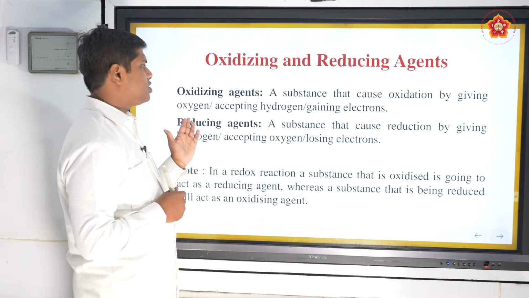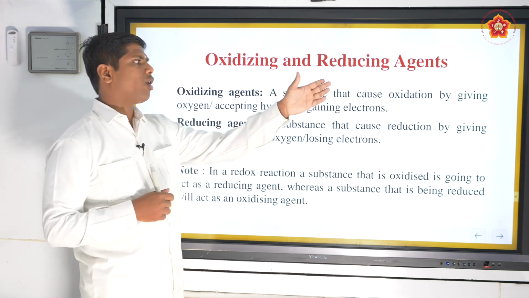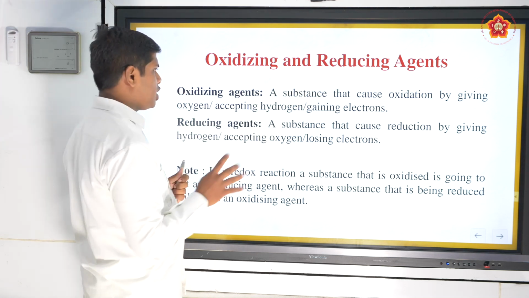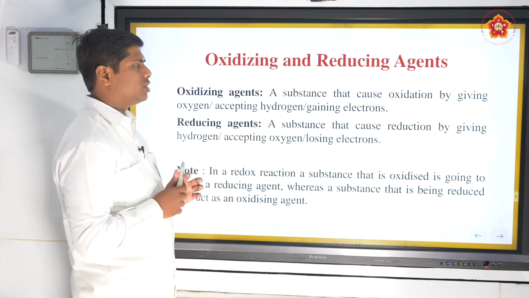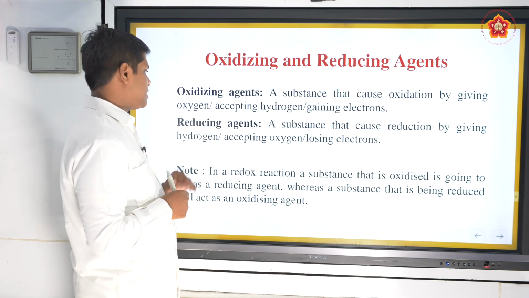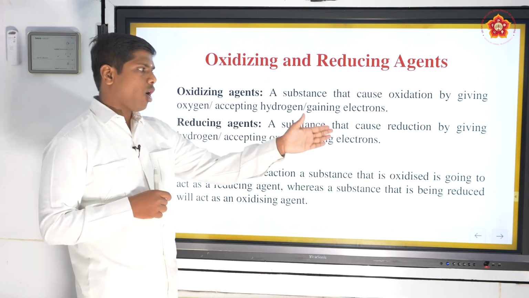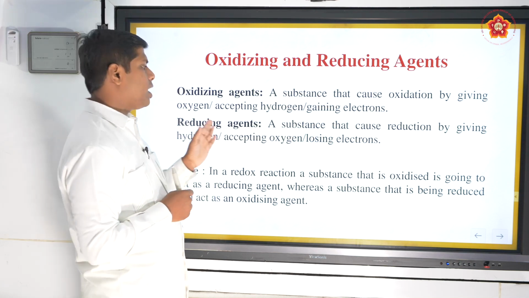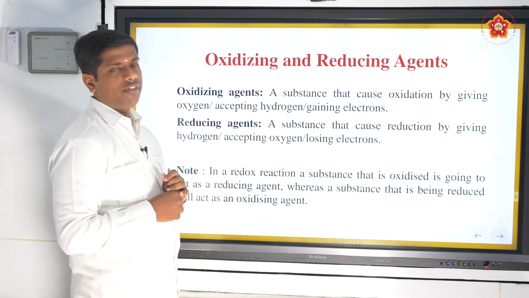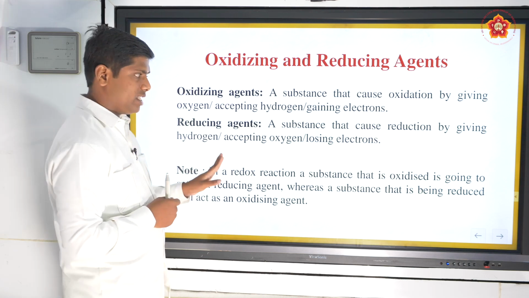What are oxidizing and reducing agents? An oxidizing agent is a substance that causes oxidation by giving oxygen, accepting hydrogen, or gaining electrons. A reducing agent is a substance that causes reduction by giving hydrogen, accepting oxygen, or losing electrons. Note, this is important.